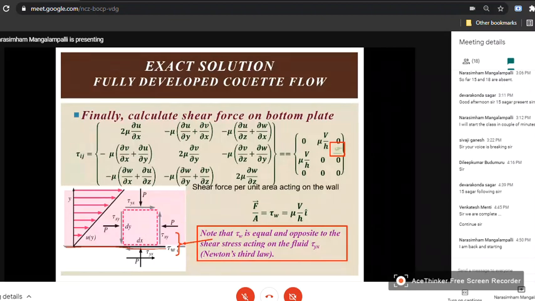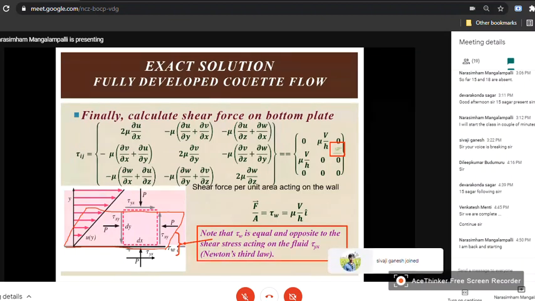The plate is in this way. So there will be two pairs of shear stresses. See, one pair is tau yx as shown here.